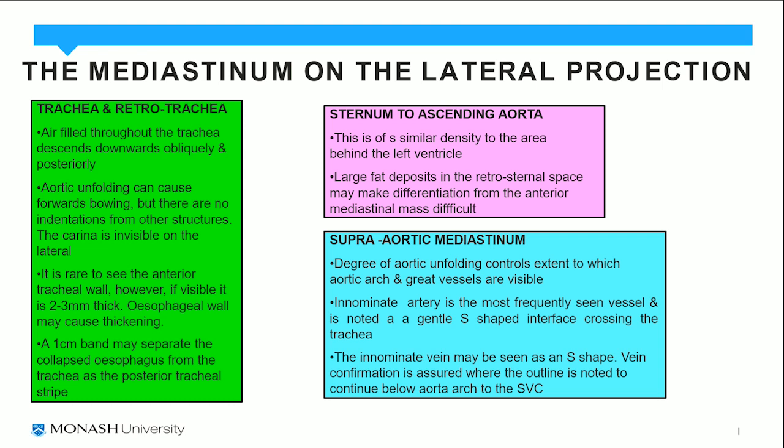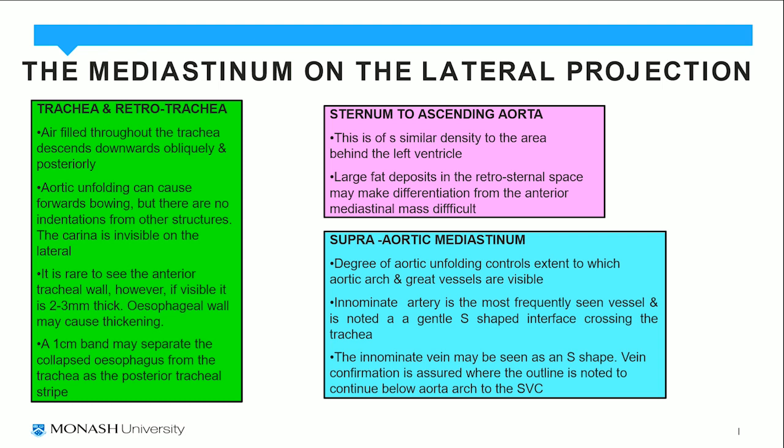It is also rare to see the anterior tracheal wall. However, if visible, it is normally 2 to 3 millimeters thick. Esophageal wall may cause thickening. A 1 centimeter band may separate the collapsed esophagus from the trachea as the posterior tracheal stripe.